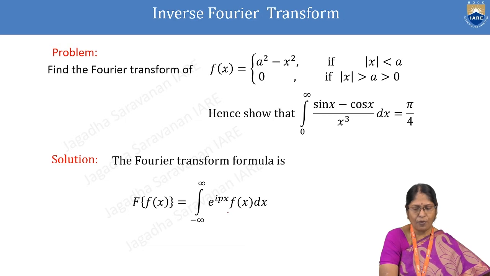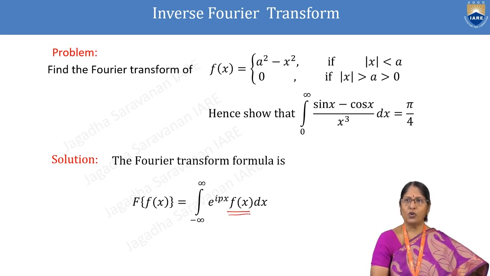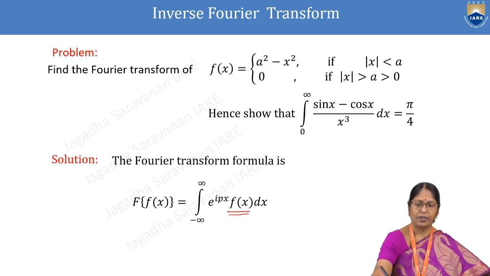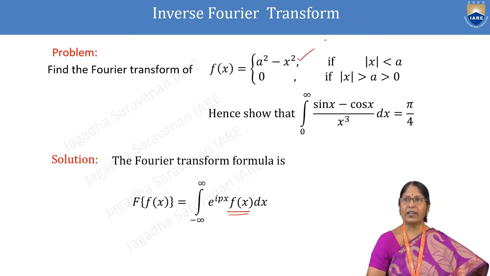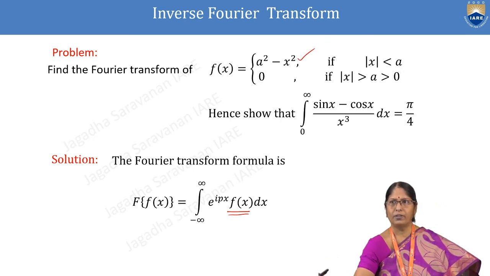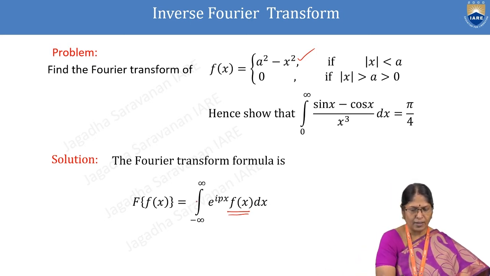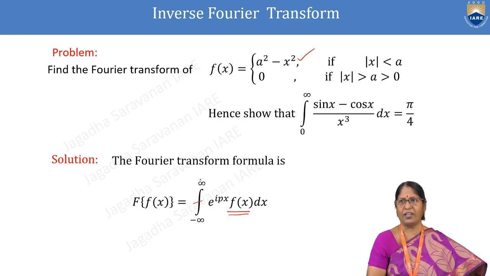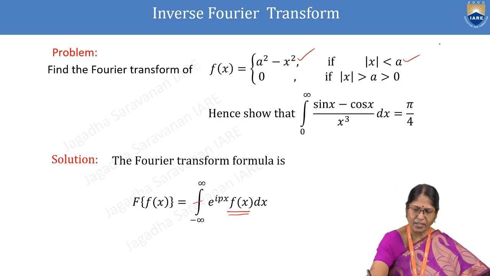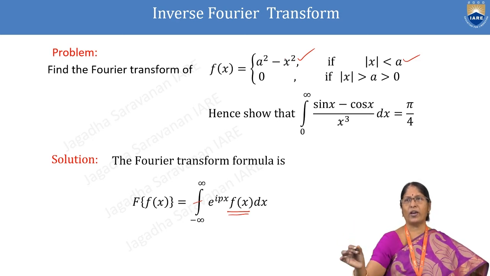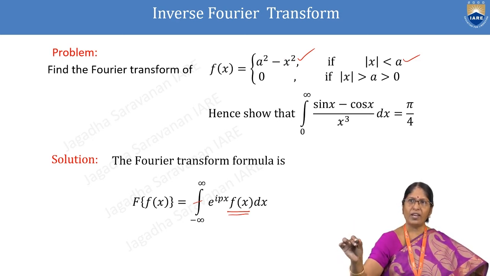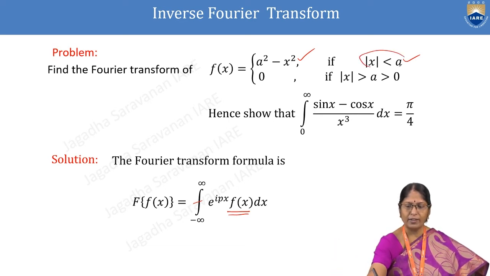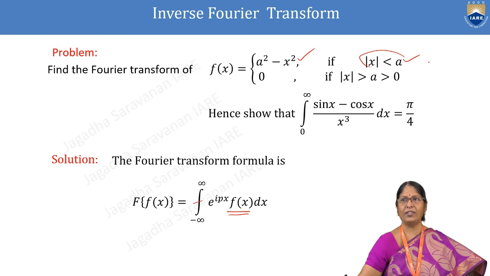Now that f of x should be replaced by a square minus x square. Not possible. Why is it not possible? Because here x lies between minus infinity and infinity, whereas they strictly told us the function a square minus x square holds for x between minus a and a.